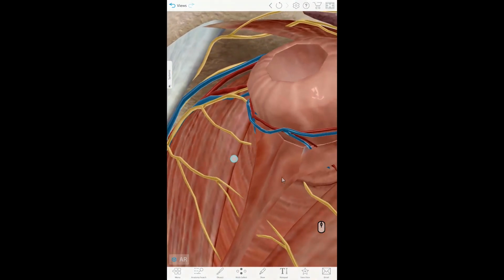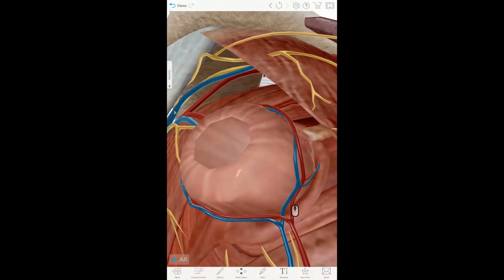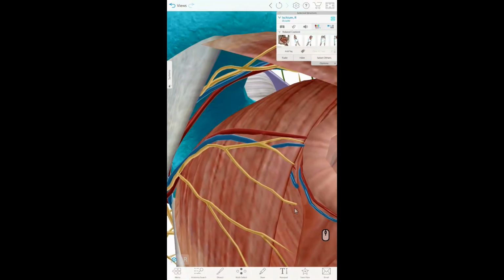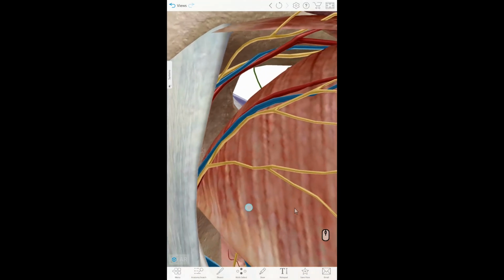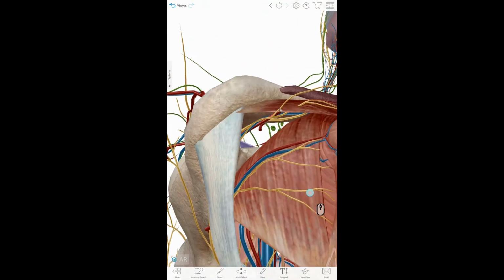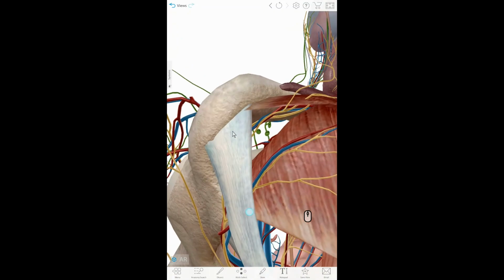This region here is the lesser sciatic foramen, and we can see the internal pudendal artery, the internal pudendal vein, and the pudendal nerve entering the perineal region, and they lie between the perineal membrane above and the levator ani muscle below. So the internal pudendal artery, the internal pudendal vein, and the pudendal nerve become contents of the deep perineal pouch.